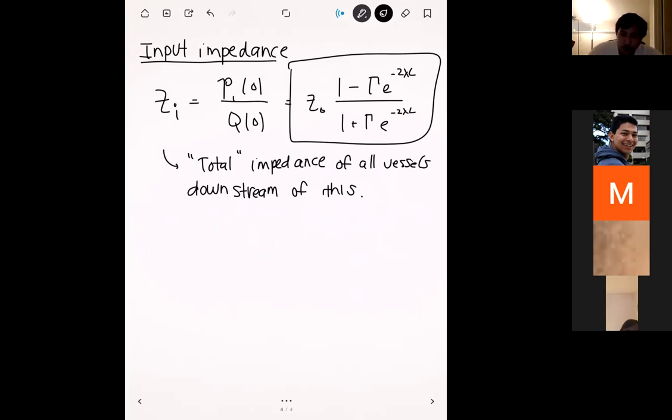Another way to interpret it is that if you're a fluid particle starting at the input of this vessel, by the time you reach the end of the vessel, the input impedance is like the total amount of impedance that you'll feel as you flow throughout the tree.